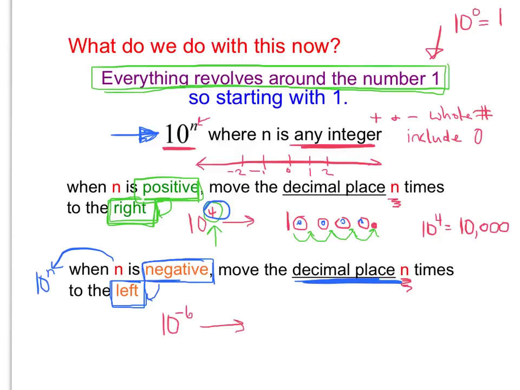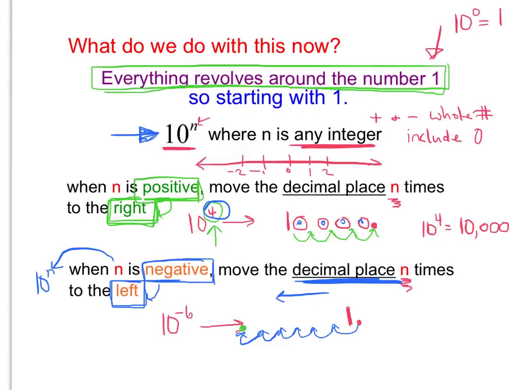Again, like we said, everything revolves around 1. So we start with the number 1. Where's the decimal place? Well, it's right here. Now we want to move this 6 places. So we're going to go backwards here, because to the left is this way. So we can say left 1, 2, 3, 4, 5, 6 places to the left. I'm going to put my new decimal place right here.